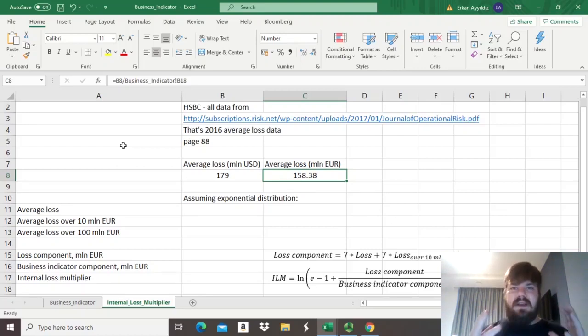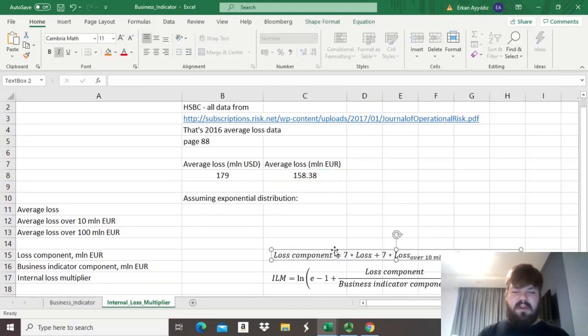Now, what is, again, complicated and slightly sophisticated about this procedure of calculating the loss component is that Basel overweights significant losses in its loss component. So as we can see here from this formula, we don't just need the losses altogether, but also the losses that have been endured in operational risk events that led to losses of over $10 million, as well as over $100 million.